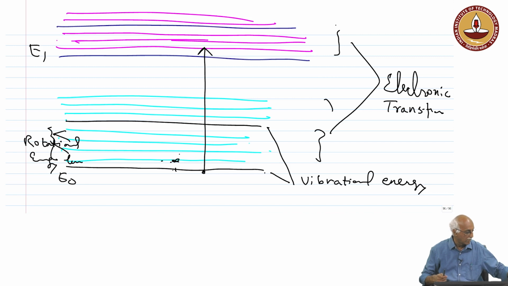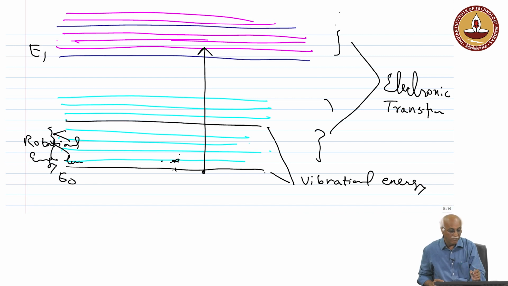And this absorption phenomenon comes into the picture, and it has particular transition rules, selection rules for the vibration part. What should be the transition? Those rules are based on quantum mechanics.